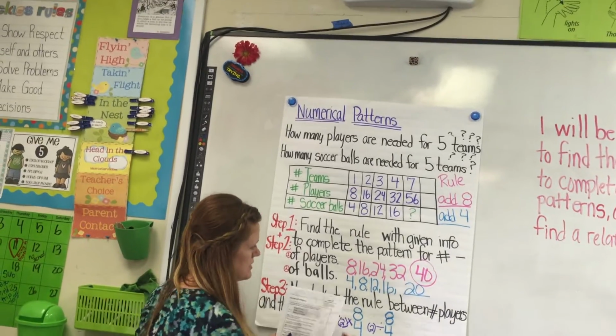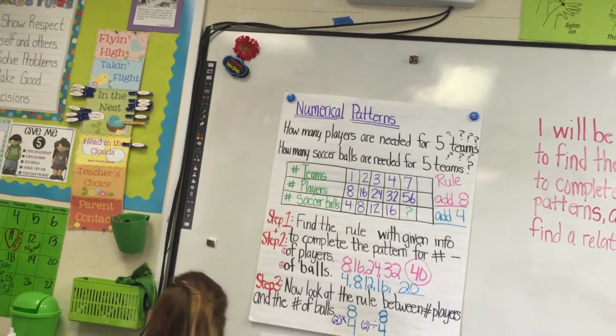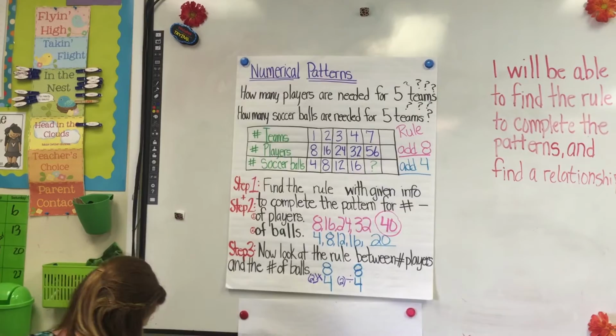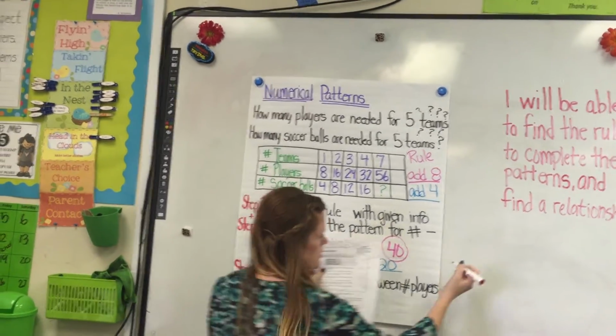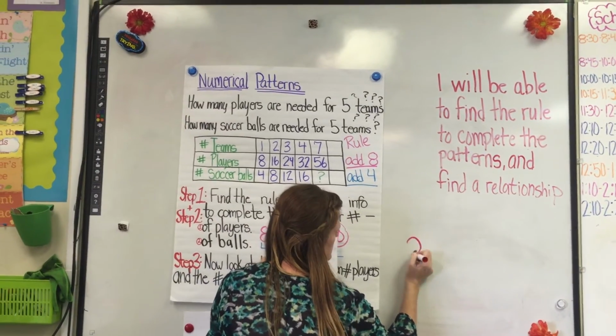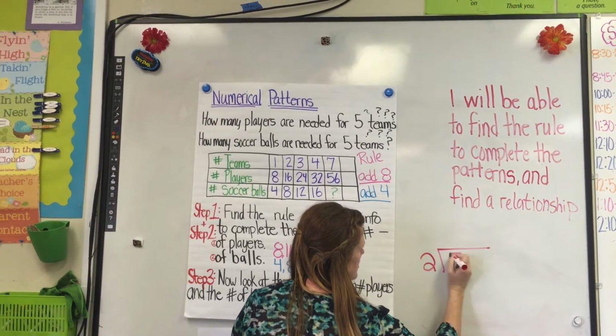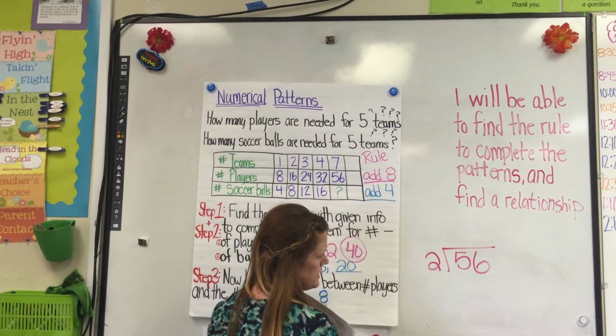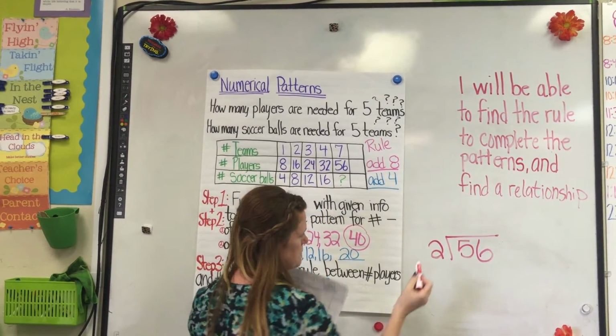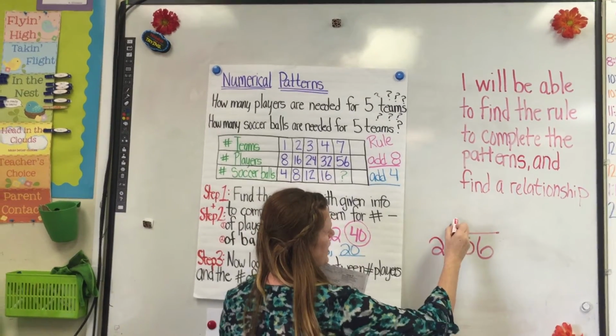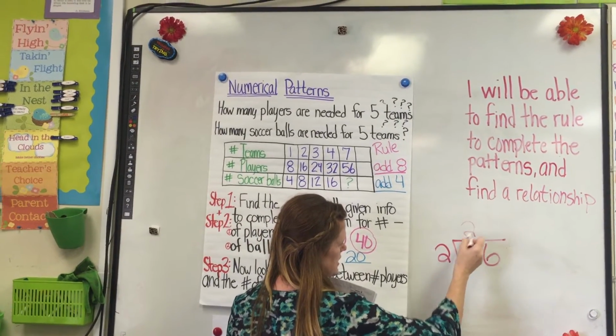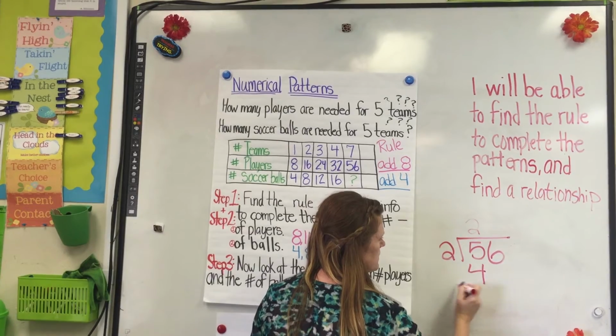And some of you, it's okay. Let me get my whiteboard marker here. You can do your long division if you're not sure, and if you can't do it in your head because it's not a super easy number. Well, 2 goes into 5 2 times, because I know that 2 times 2 is 4.